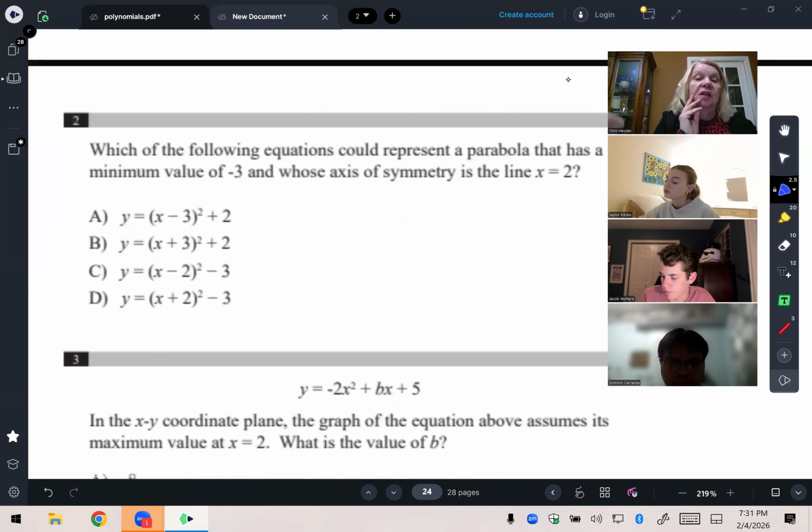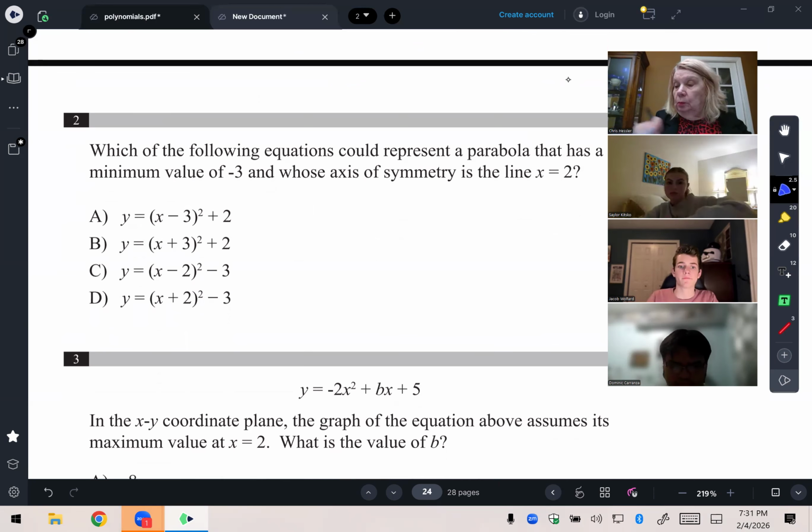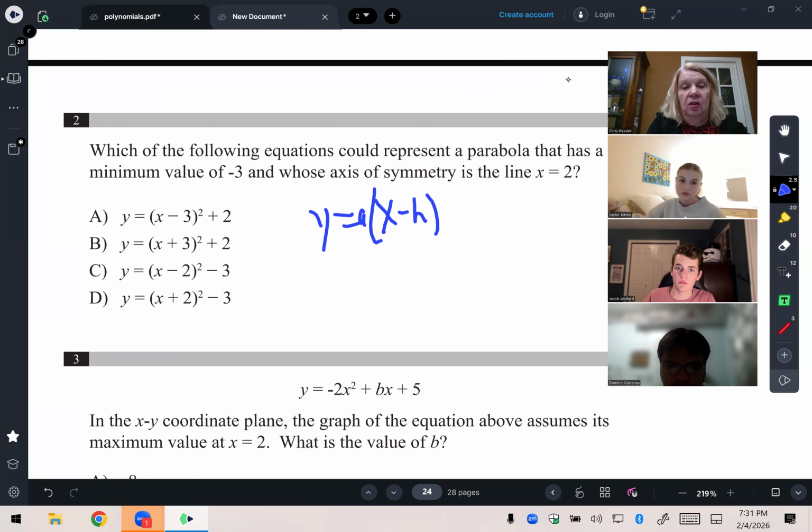Okay, so looking at this, we're on page 24. Hallelujah. Okay. So we know the vertex form, basically, it's a times x minus h squared plus k.